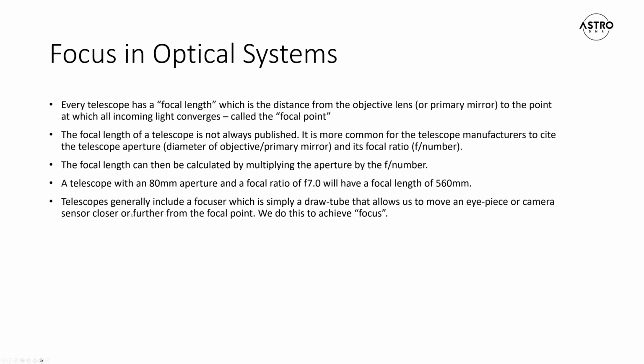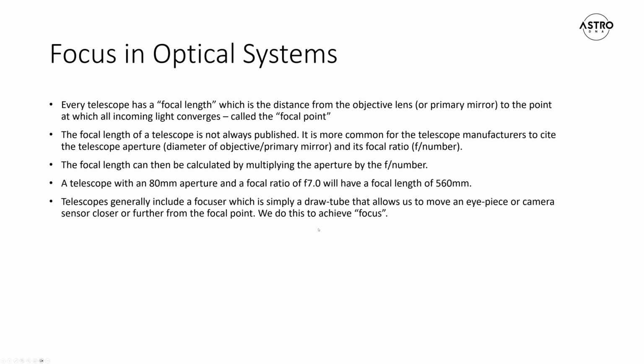Telescopes generally also include a focuser, which is a draw tube that sits in the back and allows us to move our eyepiece or camera sensor, whatever we might have connected to the back of the telescope, closer and further from this focal point. And we do that to achieve fine focus.